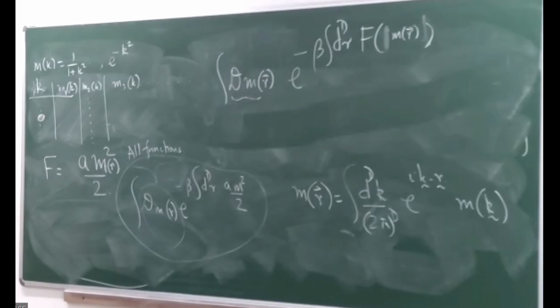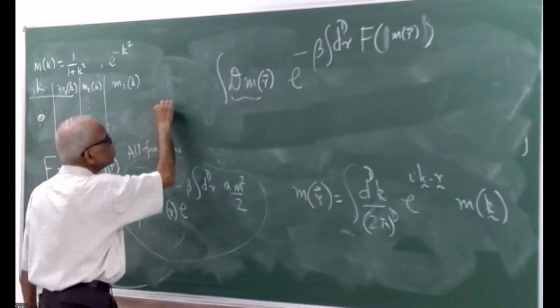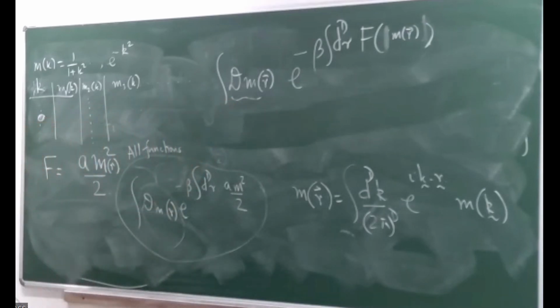For this k of choice, if I go through this infinite span of functions m, there will be infinite numbers coming for this particular k. All the m of k's that I have would give me an infinite number of values.